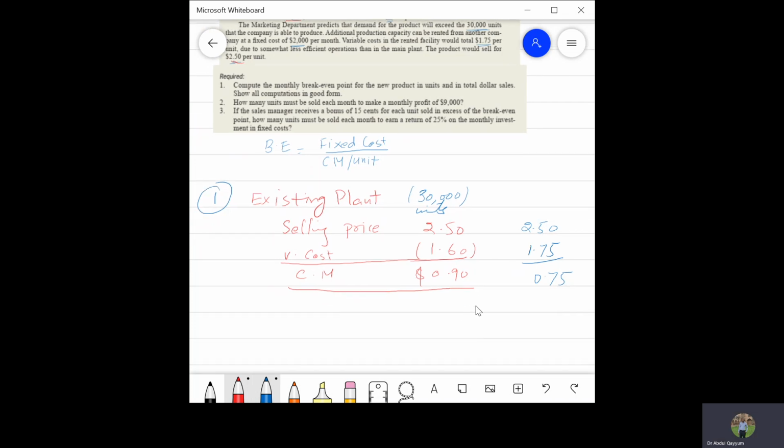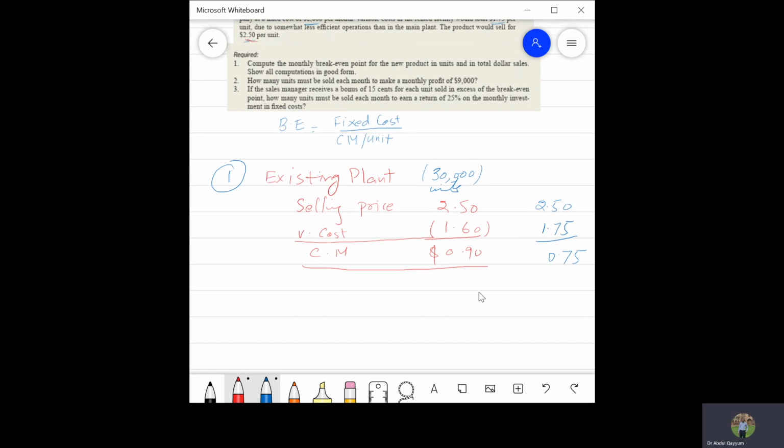First we see how much total contribution margin we are generating on our existing capacity. So to calculate total contribution margin, we will just take these 30,000 units and each unit contributes 0.90. Therefore, our total contribution margin will be 27,000.